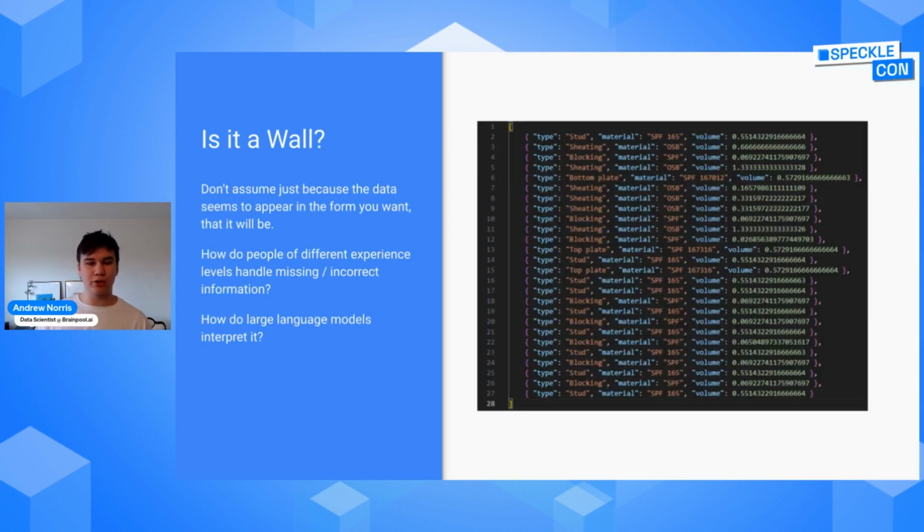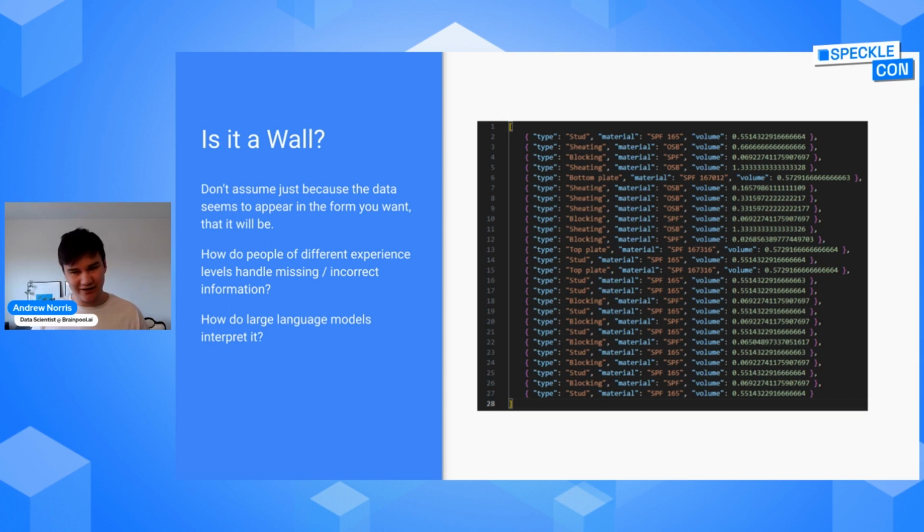A lot of times when we're working with data, we find that we're working with these sort of obscurities of what the actual object is. So we can have a collection of elements here, which include a stud, blocking, sheeting, bottom plate, and that's not sheathing there. Even within the data here, we have some typos. When I looked at this, I don't have 10 years of experience in the building industry.